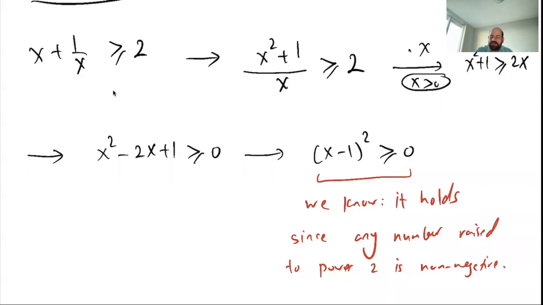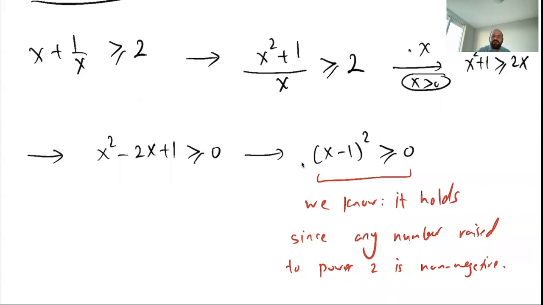So that's why I'm saying that in this step, after you reach a statement that you know is true, you have to check the steps are reversible. Because what we need logically is the opposite direction, starting with this, then going to this, going to this.